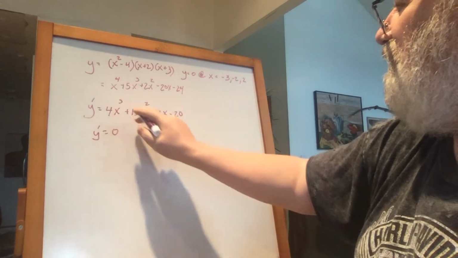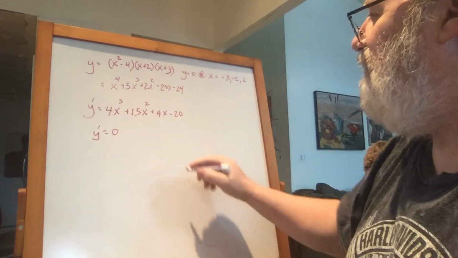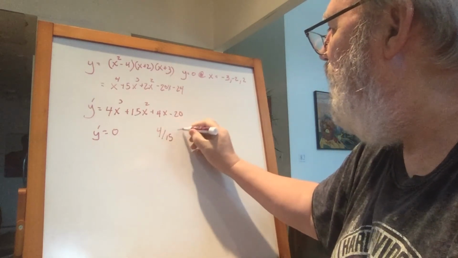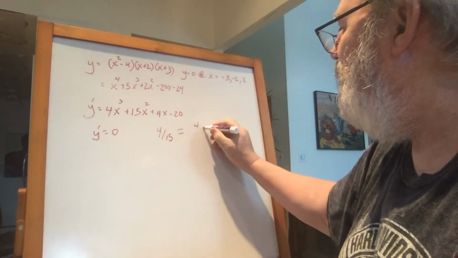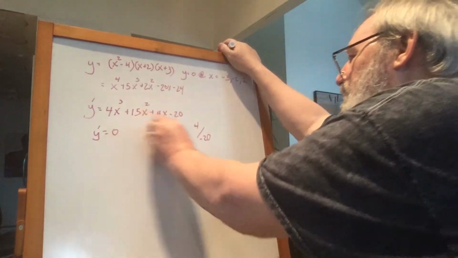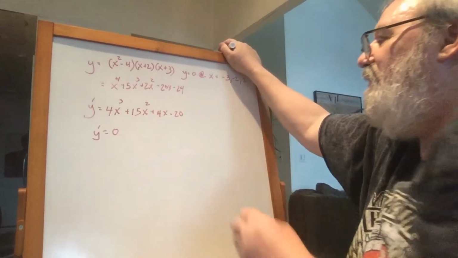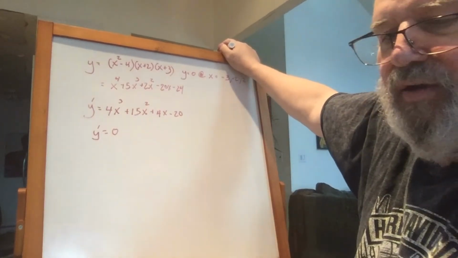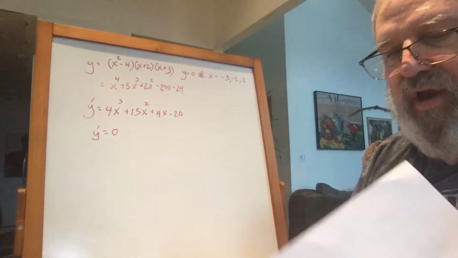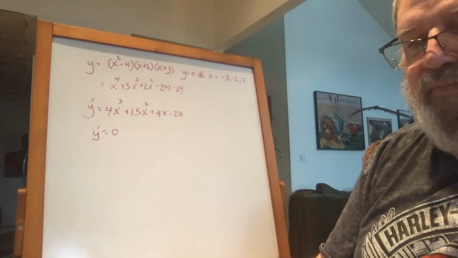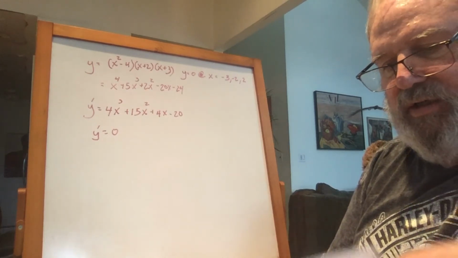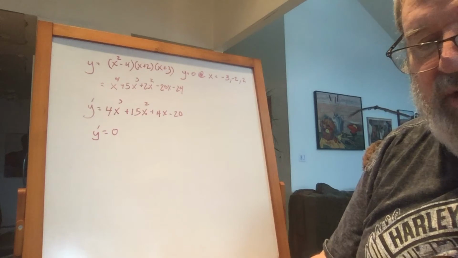And so here we see the ratios. 4 over 15 is not equal to 4 over minus 20. So that method is out.